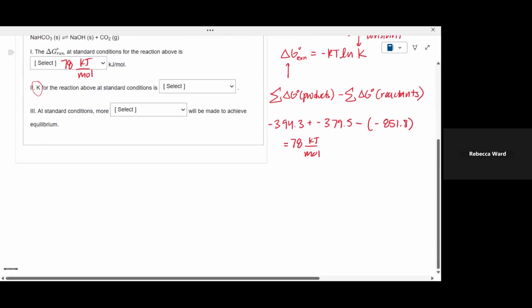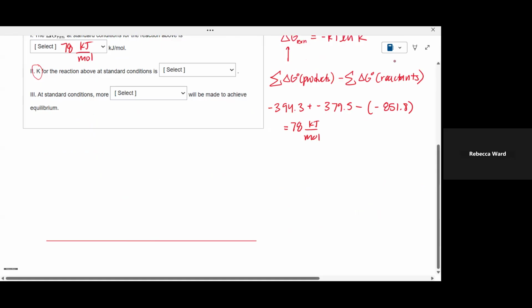So I'm going to take the time to draw this out. For some of you, this probably doesn't land, but I really like this visual, which is why I keep doing it. So here's if we had 100% NaHCO3, and here's 100% NaOH and CO2.